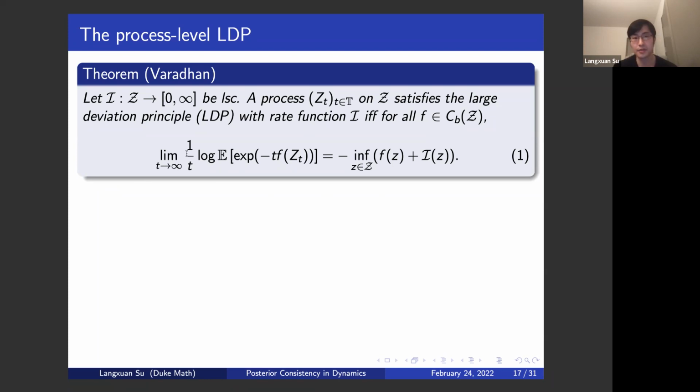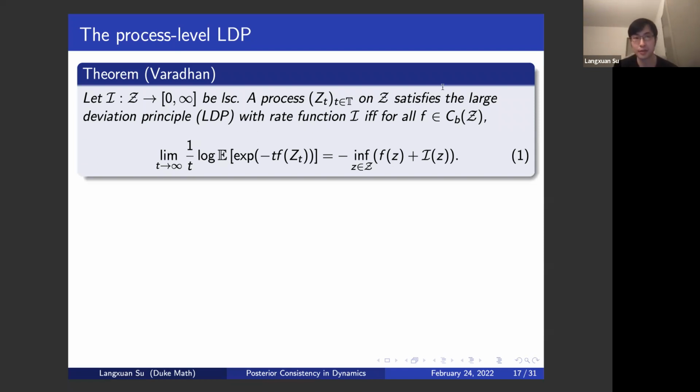The limit as t goes to infinity of 1 over t times the log of the expectation of exponential minus t times the test function f applied to the process Z_t is equal to minus the infimum over all z of the test function applied to z plus the rate function applied to z. Okay, so this is the classical Varadhan's lemma.